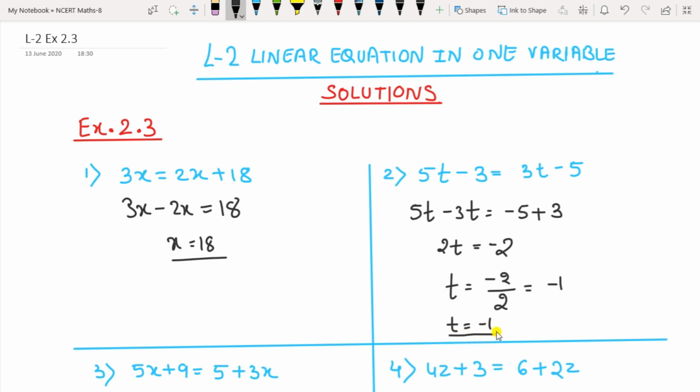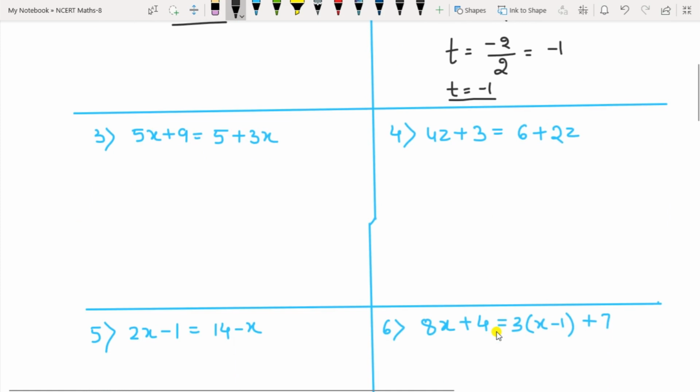Then comes the third question. x and x are like terms here, bring them together. So 5x minus 3x equal to, first you have to write 5 here, then 9 comes on this side, so it is minus 9 since it is plus here. So 2x equal to minus 9 minus 5, which is 4, the sign of the bigger number is minus here.